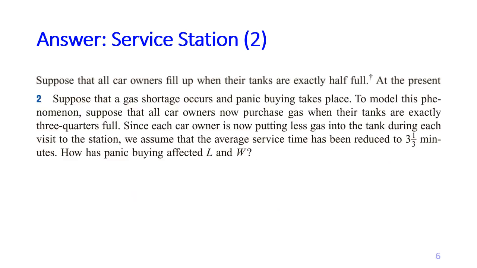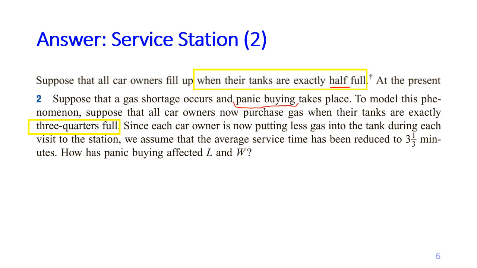Now the second question says, suppose there is panic buying. It changes the behavior of the customers such that people who usually fill up when their tanks are exactly half full will now purchase gas when their tanks are 3/4 full.